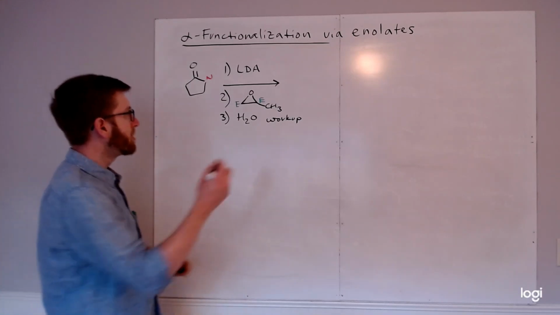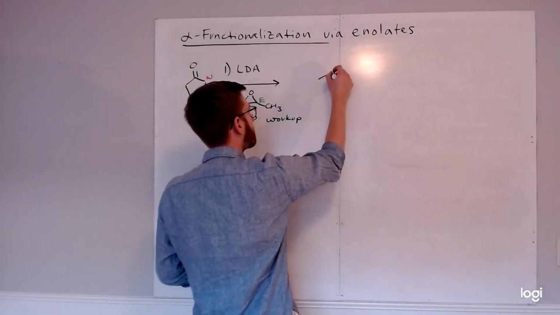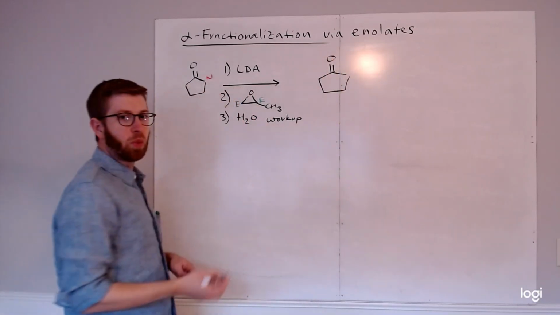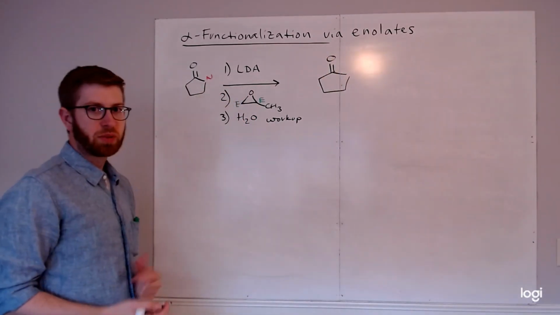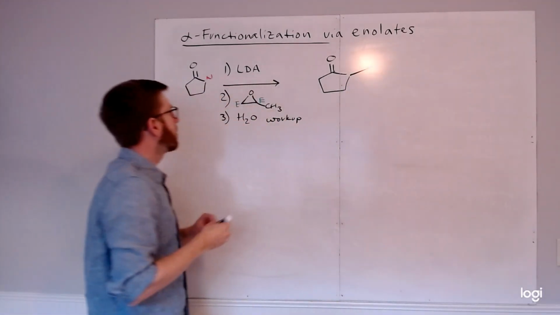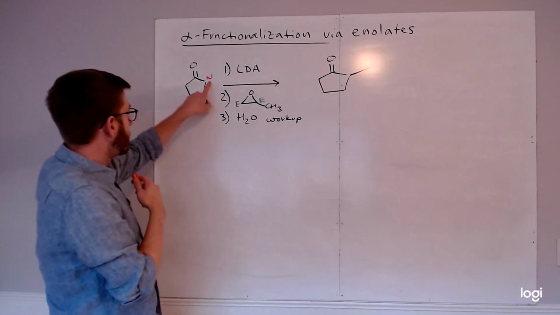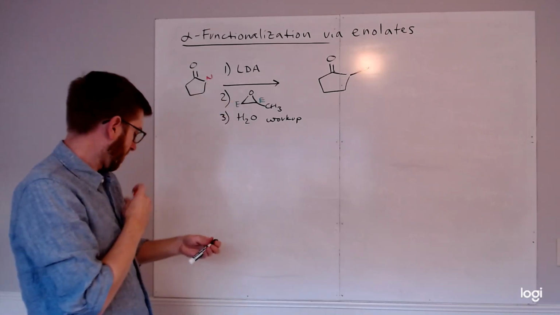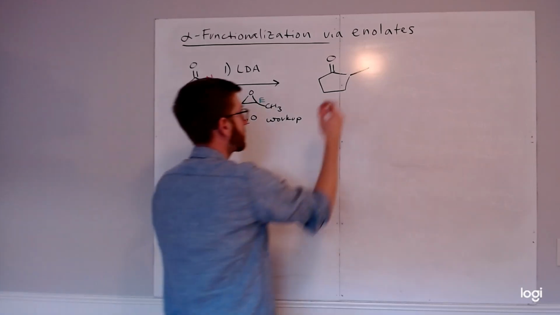And so that tells me that the product we're going to end up with will be a ketone where I've altered the alpha position. I'm going to functionalize it, and I'm going to make a new carbon-carbon bond where I've attached this nucleophilic carbon after deprotonation to this electrophilic position. So I'll put my labels in just so I make sure I draw the right structure.